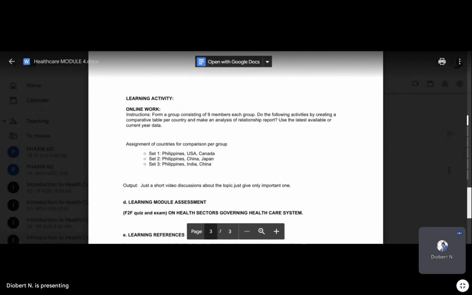Relationship report for each country ba, nga gatabang sa tuwa, in terms of health, not only funding us, no, sa pagtabang sa some of the hospitals in the Philippines, but also some indigents or any sector, no, nga gapadagan og charity, no. So dili na nako na siya ihatag sa inyo, ha.